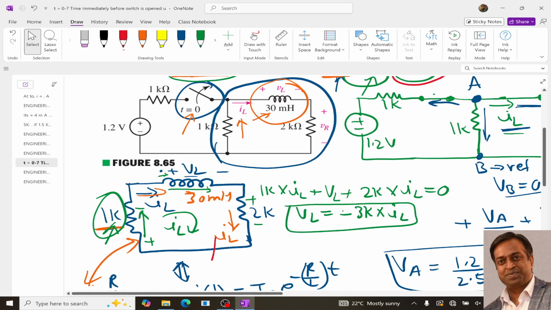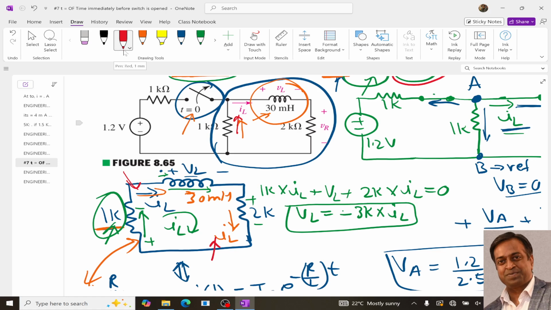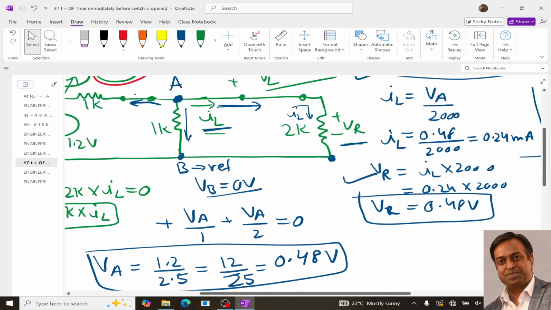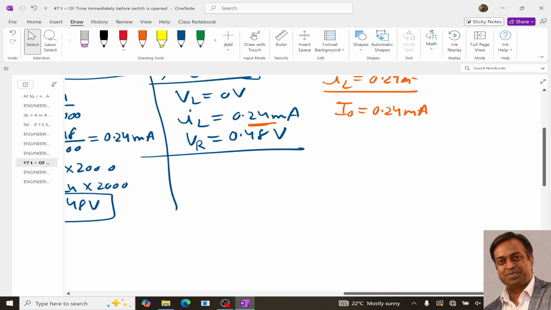not have the source, so the current through the inductor is going to decay, it is going to die out. Starting from the initial current, the current that is flowing at t equals to 0, slowly exponentially it will decay out and it will become 0. And as the current is going to become 0, VR and VL are also going to decay, and the same is reflected over here.